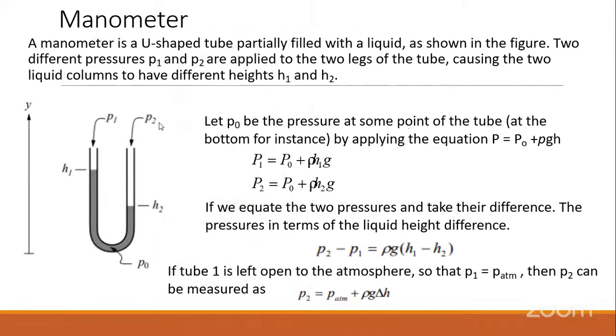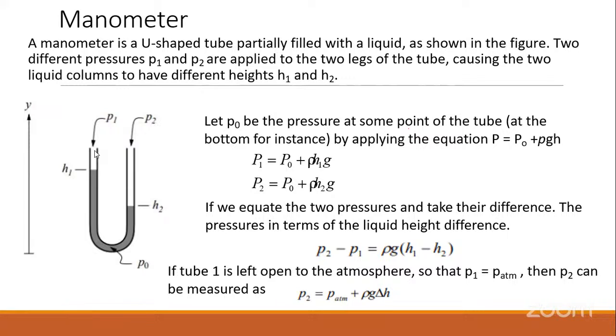Now, manometer. A manometer is a U-shaped tube partially filled with a liquid as shown in the figure. There you see two different pressures from the two legs of the manometer, because the manometer is a U-shaped tube.